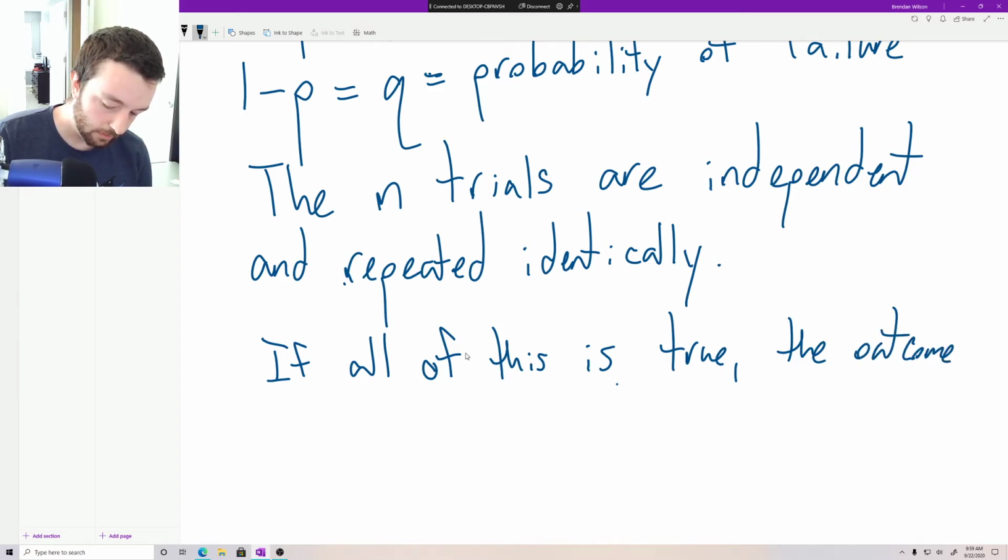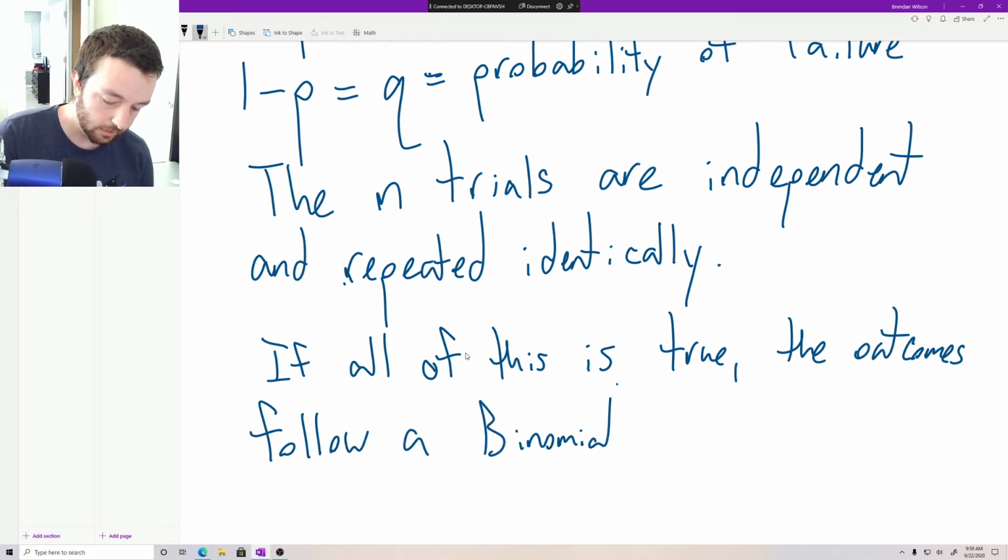The outcomes follow a binomial distribution.